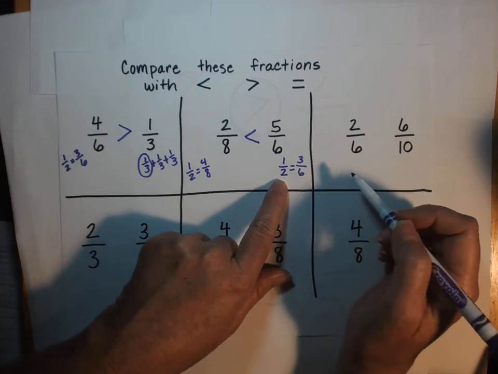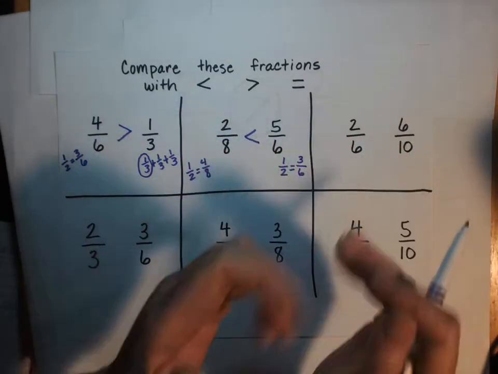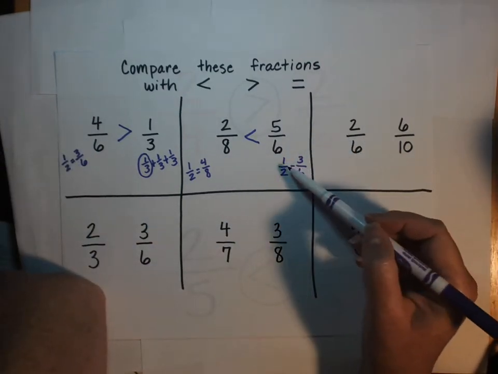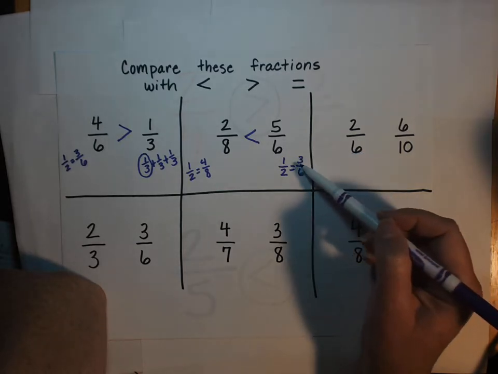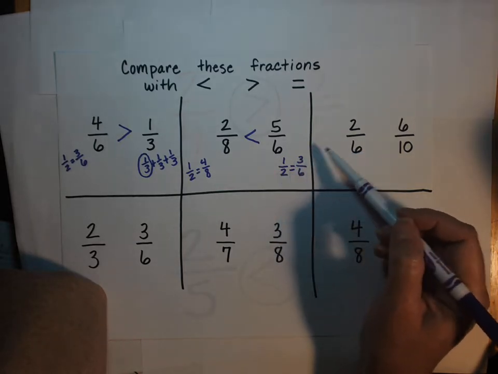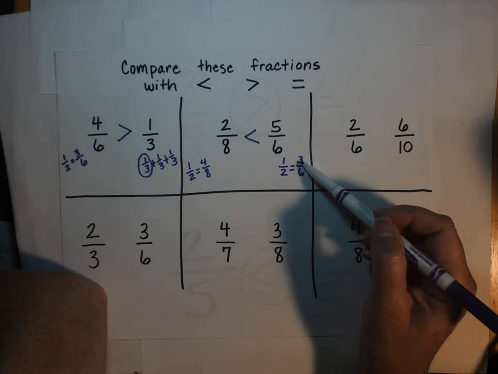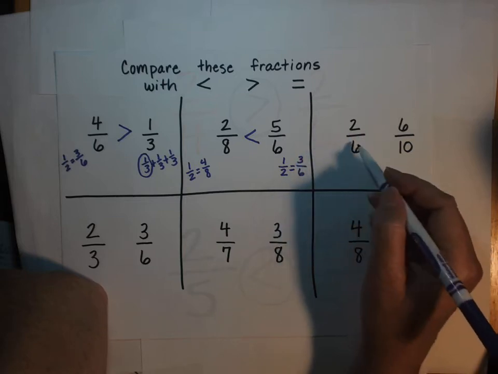Whenever you're solving something, if you do some work and it helps you with another one, you don't have to do it again. Okay, so if I'm talking about sixths, 3/6 equals a half, so 2/6 is what? Less than a half, because 2 is less than 3. So this one's less than a half.